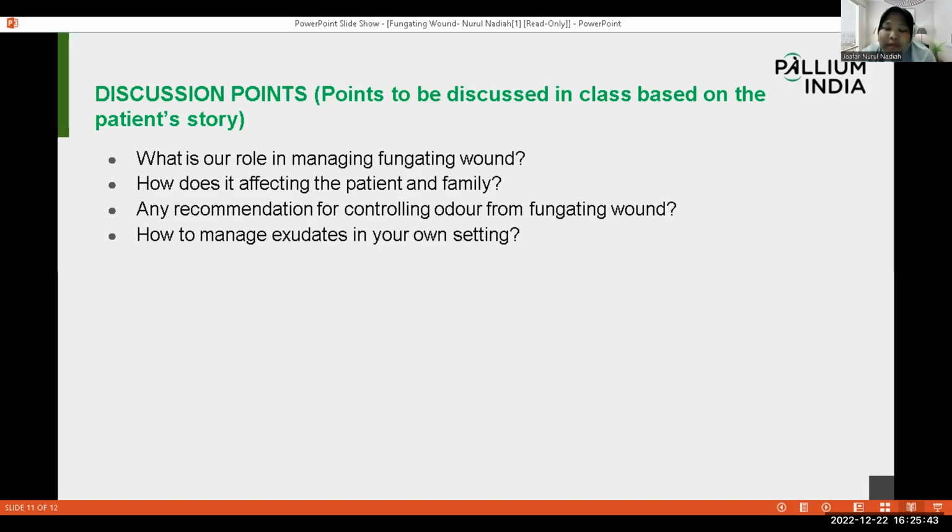We did prepare the family members on what to do in case of bleeding, but gratefully it didn't happen, and he just eventually became weaker and weaker, and he died without any pain, without any bleeding. In fact, the fungating wound also became drier and drier. I think about 1 week before he passed away, the discharge was not so much anymore. Okay, good news. Thank you.